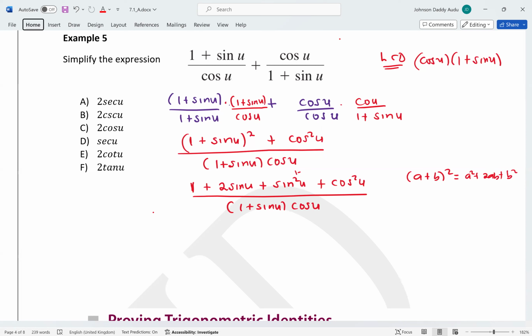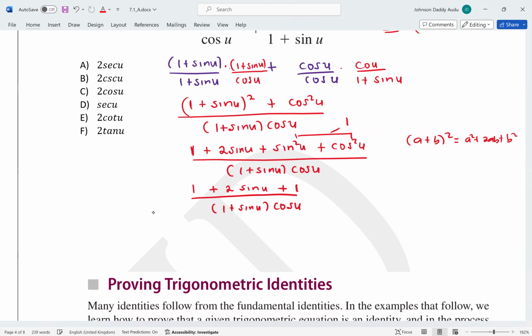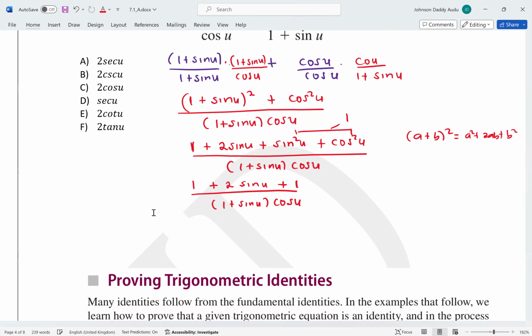Now, these two terms will go to 1, right? So this will be 1 plus 2 sine u plus 1 over 1 plus sine u, then cosine u. Now, 1 plus 1 is 2. So this will be 2 plus 2 sine u over 1 plus sine u, and then cosine u.